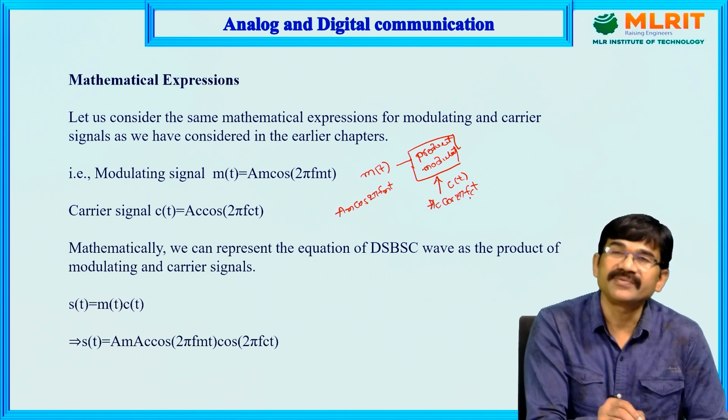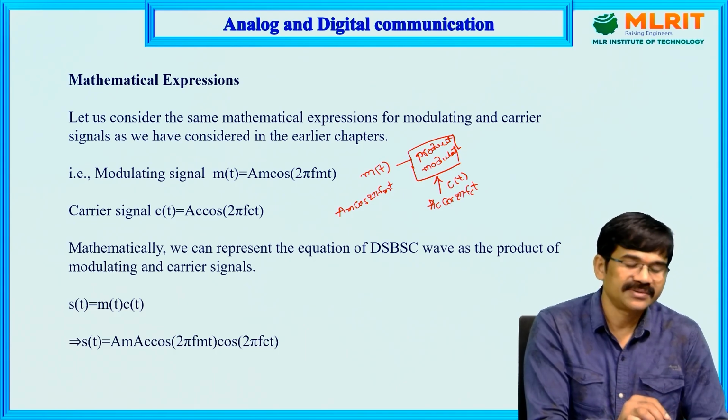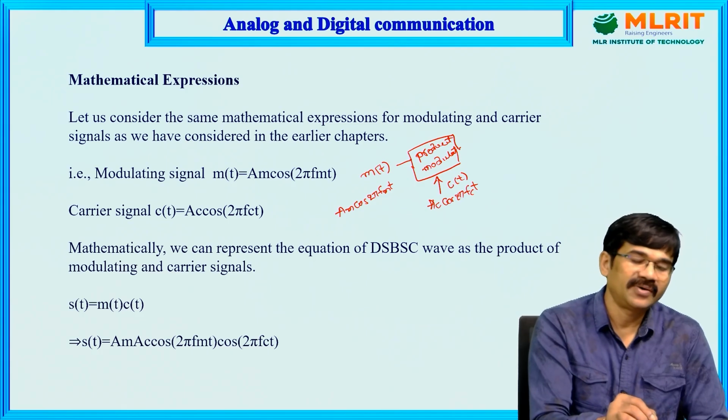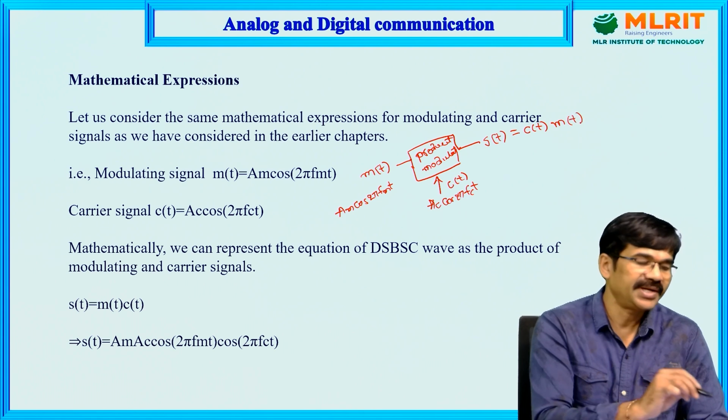This high frequency carrier characteristic we are changing according to the modulating signal. The amplitude of the carrier we are changing according to the modulating signal, and the output is the DSBSC wave that we are representing as s(t). s(t) is nothing but c(t) into m(t).